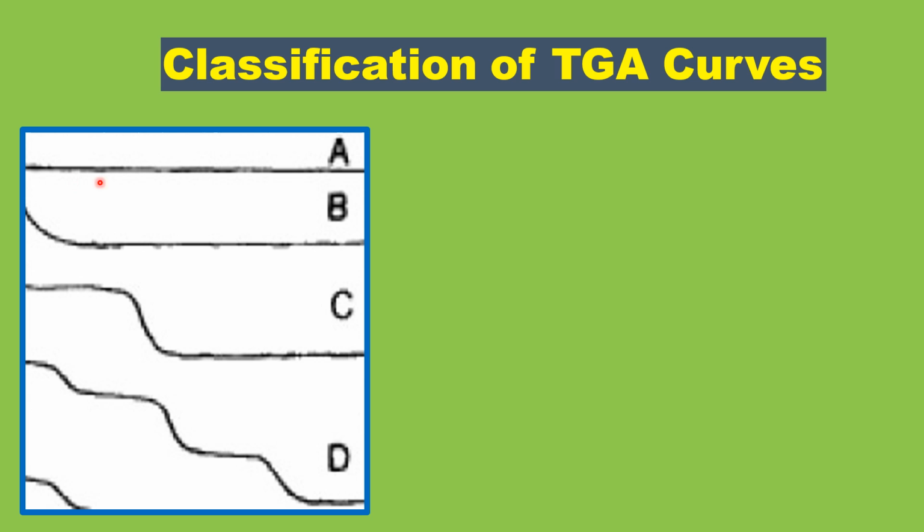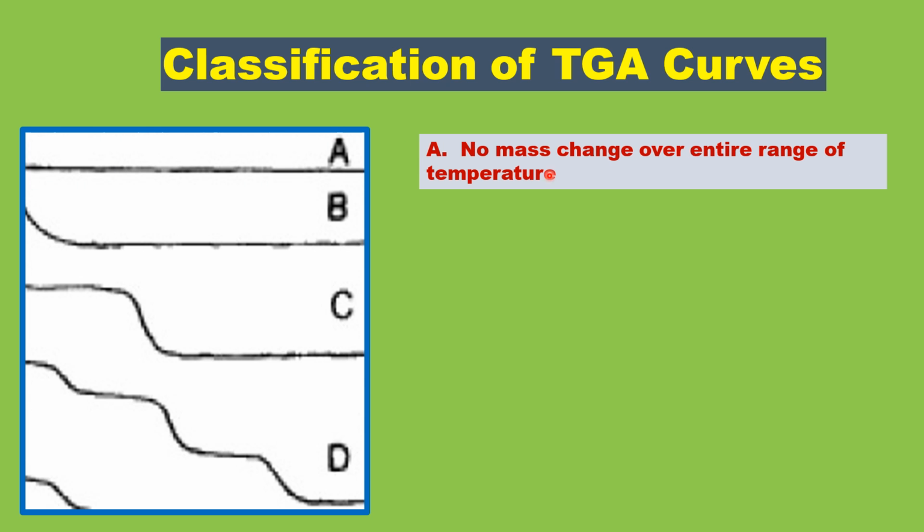This is a thermogram. Let us consider only A. With the increase in temperature, there is no change in mass. See, it's flat. So, no change in mass over the entire range of temperature.